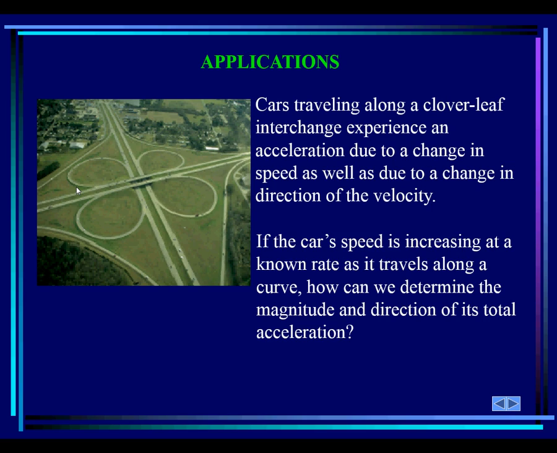He says, how can we determine the magnitude and direction, and this word is important, of its total acceleration? You see, if the velocity is a vector, then the acceleration is a vector. When we talk about total acceleration, we just don't add numbers. We add vectors. I think please keep that in mind.